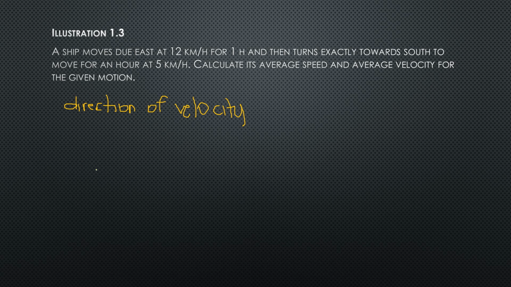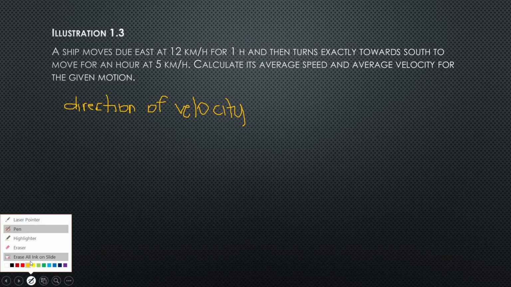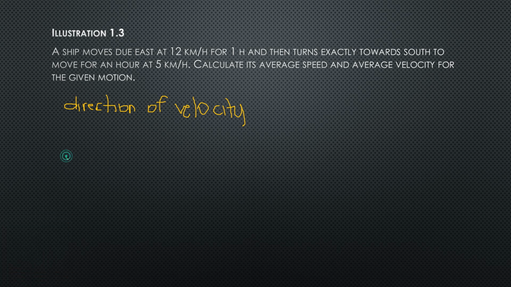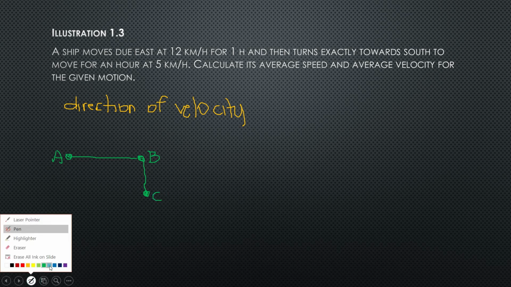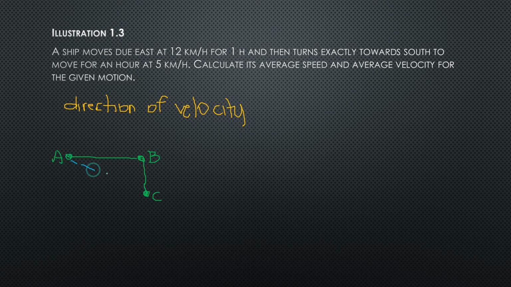Now I'll just do the illustration or the figure from the start. So this is point A, then point B, and let's say this is point D. A, B, oops, that is C, I mean C. Then the displacement, which is 13, this is 12, and this is 5.